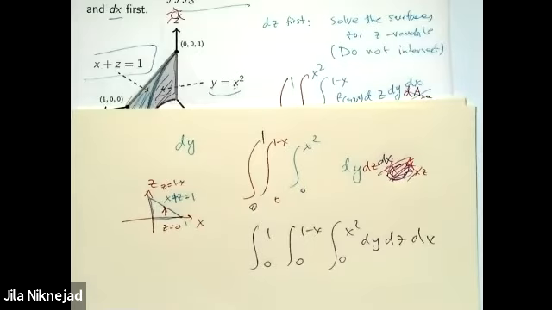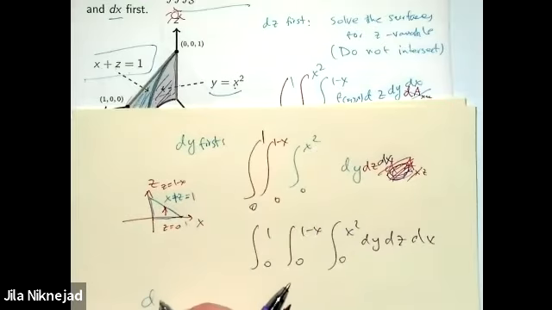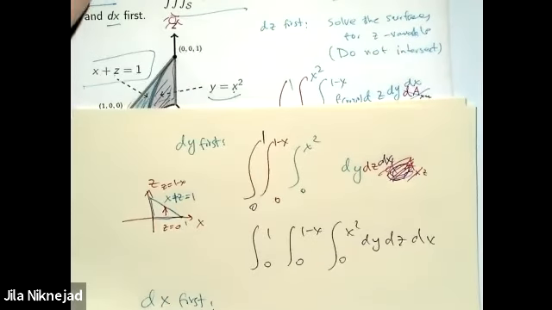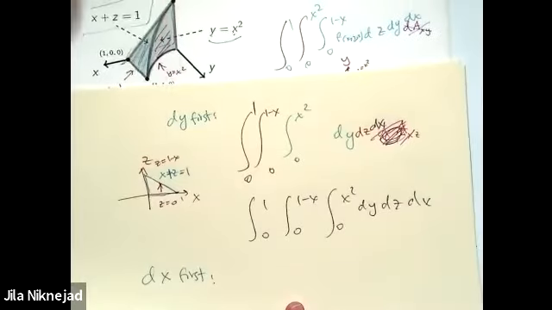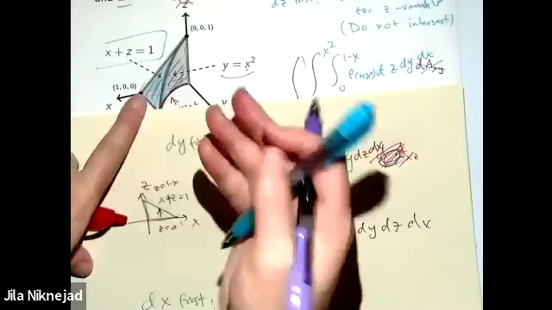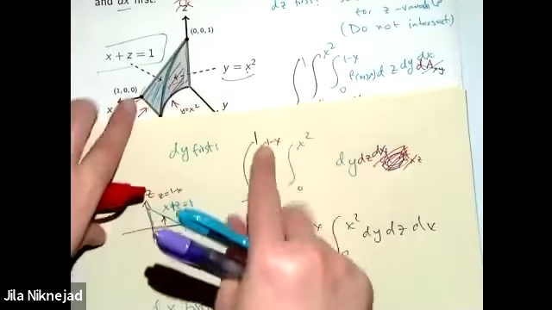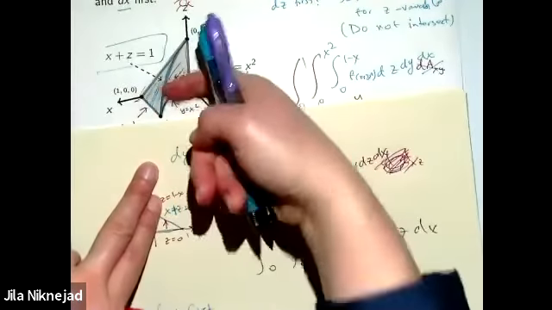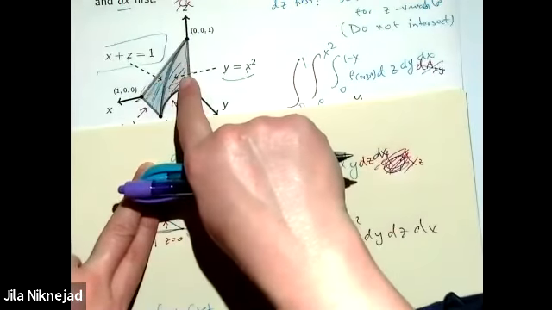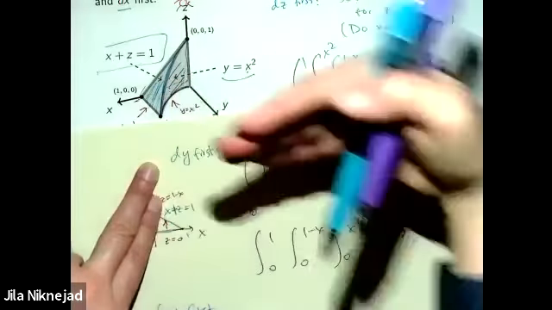What is left? This was dy first. Now do dx first. That's the only one that is left. In the x direction, what is restricting x? If I'm going in the x direction, I hit the cylinder first, then I hit the other wall.